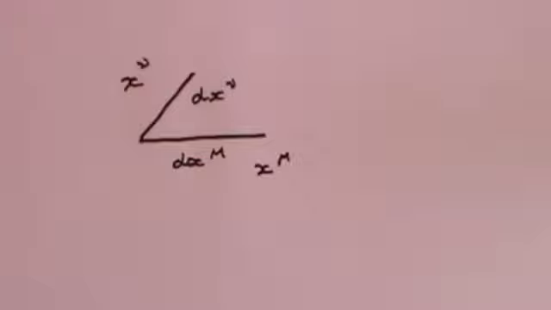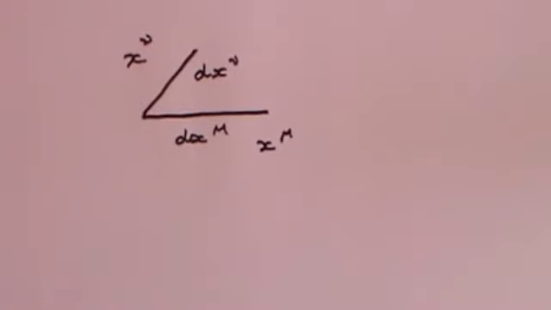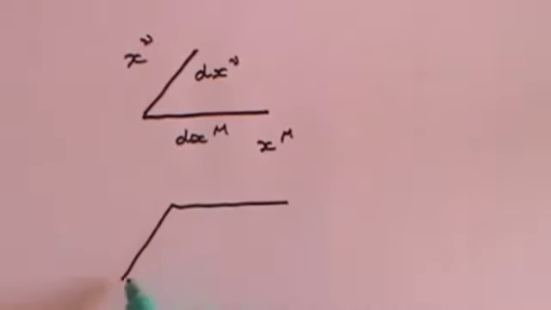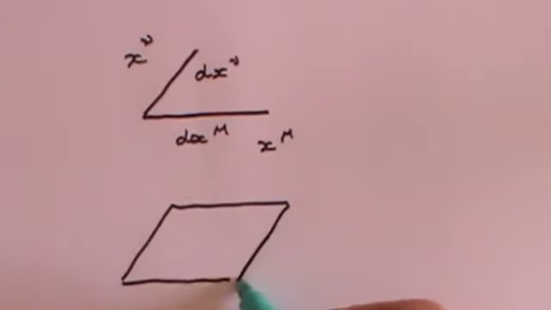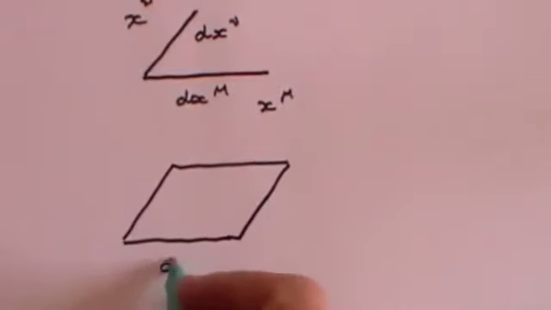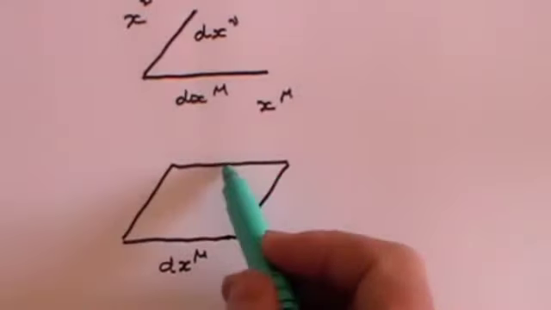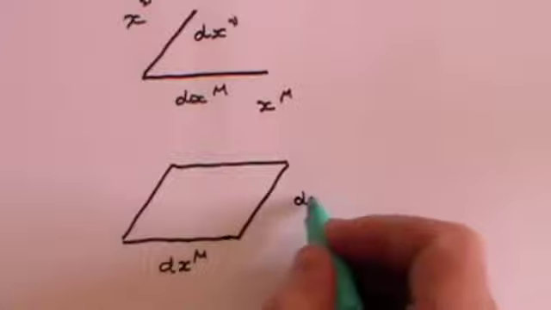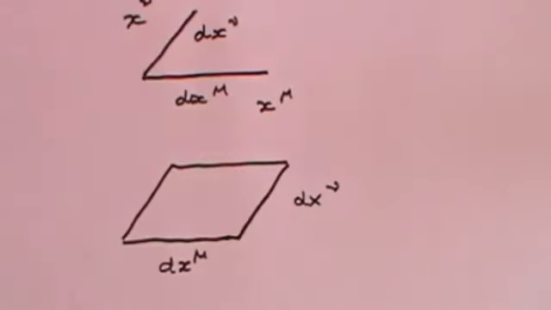And what I'm going to do is construct a parallelogram from that. So essentially it's going to be a parallelogram where the length of these two sides is dx^μ, and the length of these two sides is dx^ν. So far, so good.